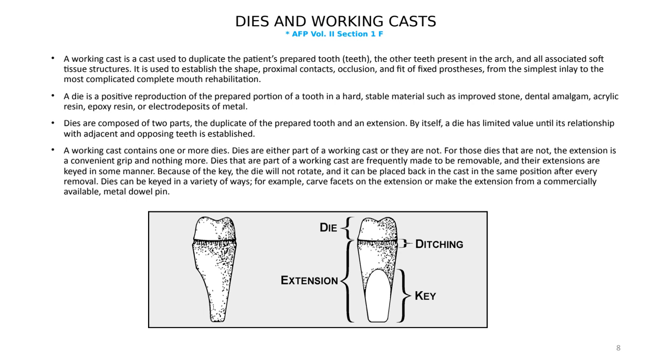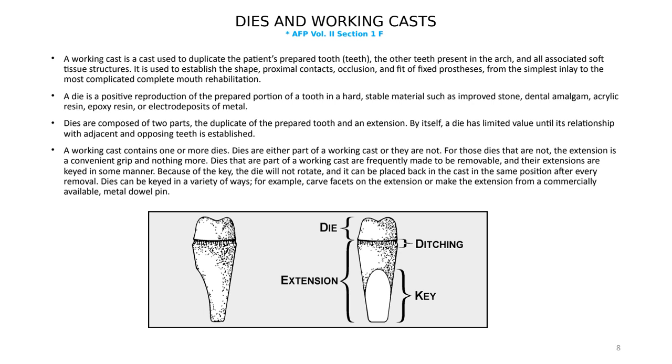So like I said, it's very important for us to look at the dies in the context of what the patient has, the existing natural dentition, the adjacent teeth, the relationship between the arches, right? So all this has to be taken into consideration when we design the restoration. So what you see in this picture, you see where the die is with the prep, and the extension, that's the part that goes into the model.